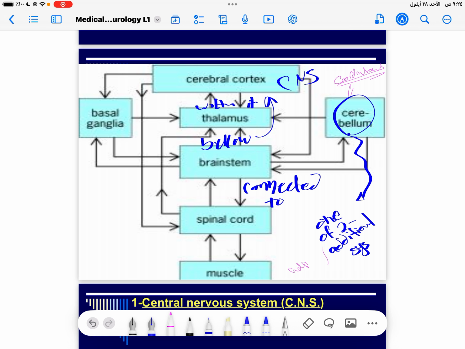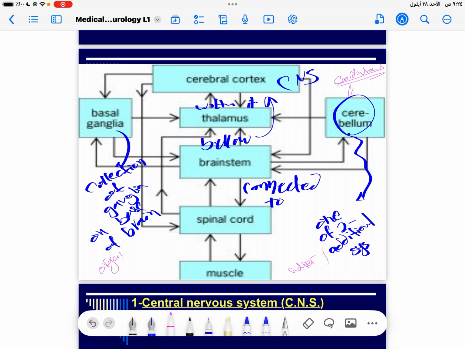Also, we have the basal ganglia. From the name basal ganglia, it is a collection of ganglia at the base of the brain. It gives the characteristics of the movement: the movement is organized, smooth action.